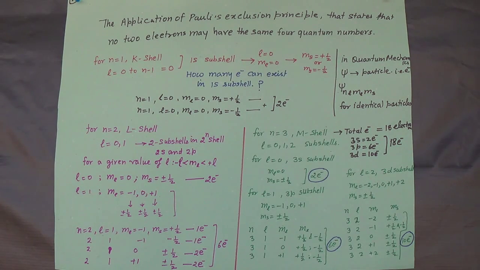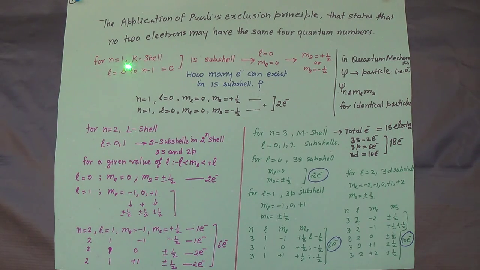What will be the value of l? You know it varies from 0 to n minus 1. If you know the principal quantum number n, you can define the orbital quantum number. So here n is equal to 1, so l will be equal to 0.